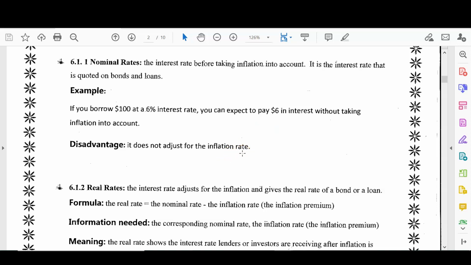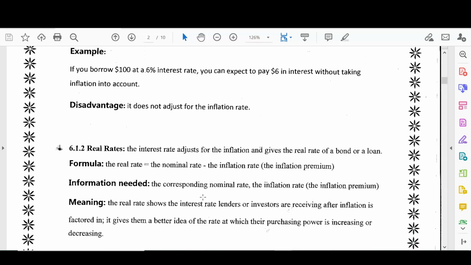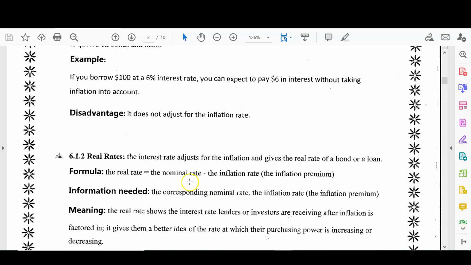We say this because we're trying to compare the nominal rate to the real rate. The real rate is the interest rate that adjusts for inflation and gives the real rate of a bond or a loan. So the real rate is the nominal rate minus the inflation rate, or you can also call the inflation rate the inflation premium.